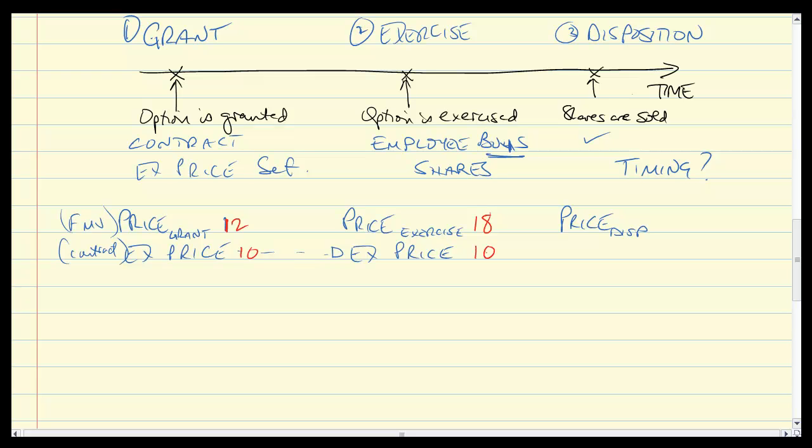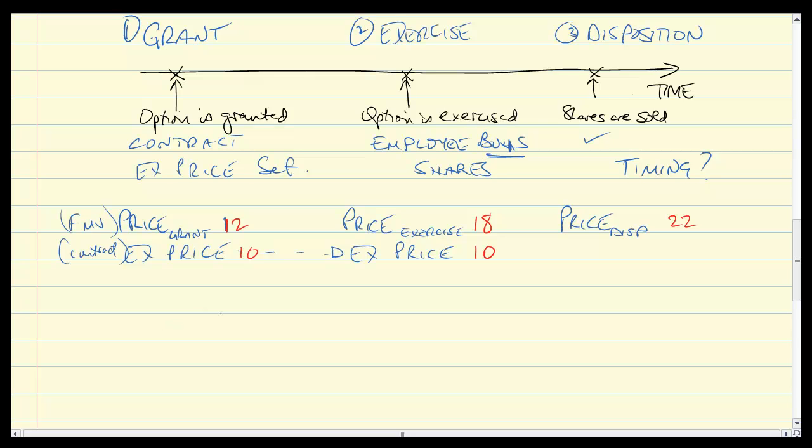Her exercise price is $10. So she buys these. If it's 1,000 shares, she pays $10,000 and receives 1,000 shares. Then in the future, at whatever point she decides she wants to sell them, say they're selling at $22. So this is not too difficult for us to figure out what has happened here, right?